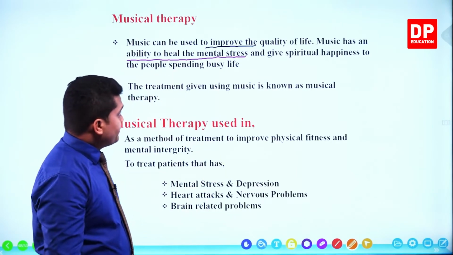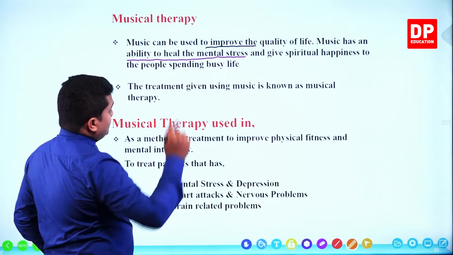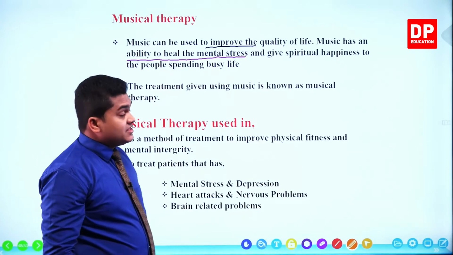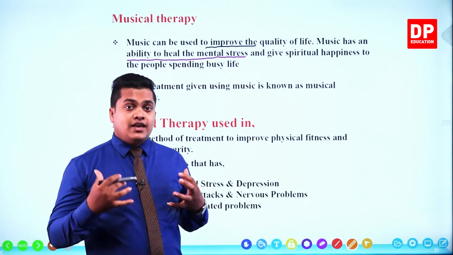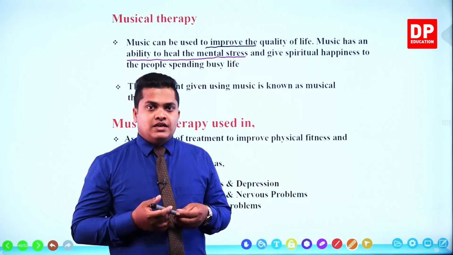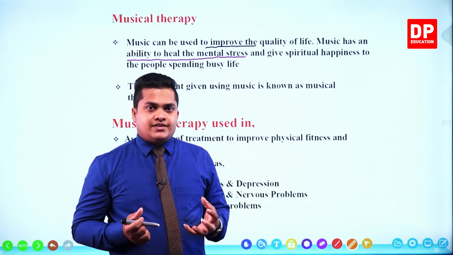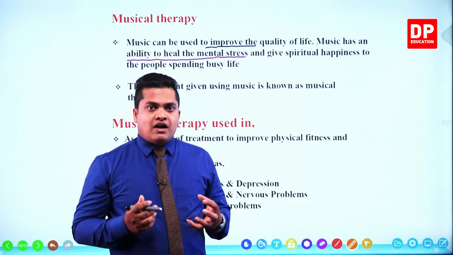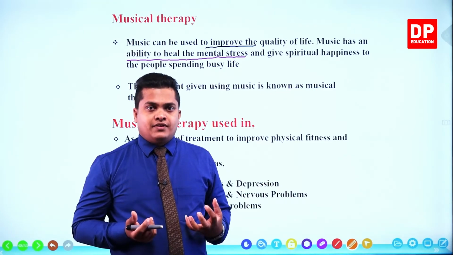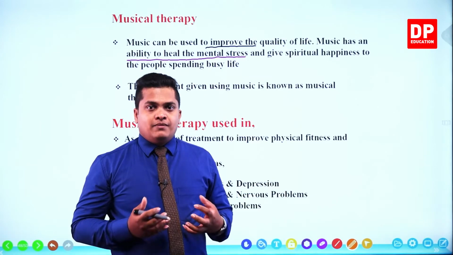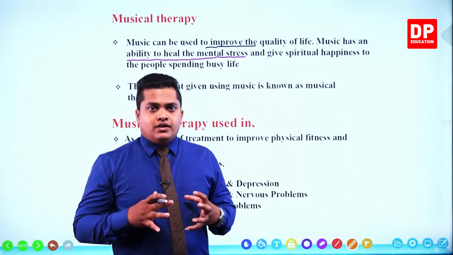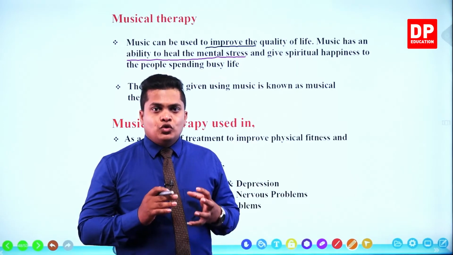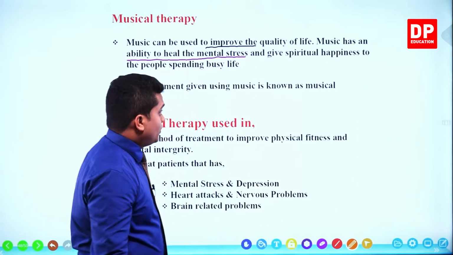So here, music has the ability to heal mental stress and give spiritual happiness. It gives us spiritual happiness. Our mindset and our spirit will calm down if you are listening to good music.